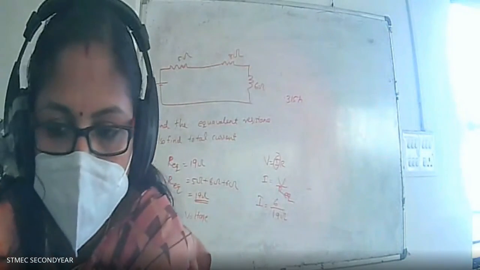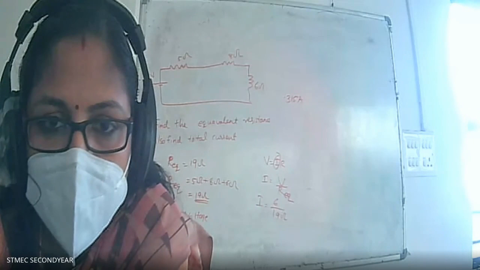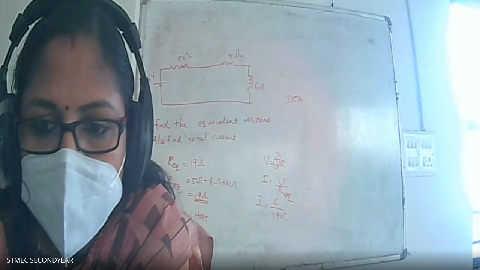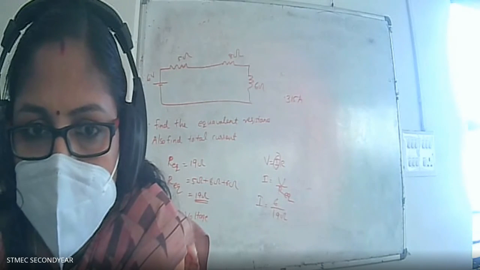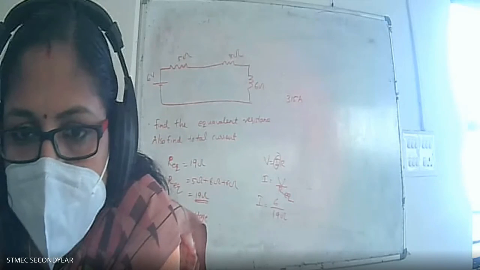Now you can unmute your mic. Let me hear your voice. Roll number 1. Present, ma'am. You can say loudly. Present, miss. Roll number 2. Present, miss. Roll number 3.